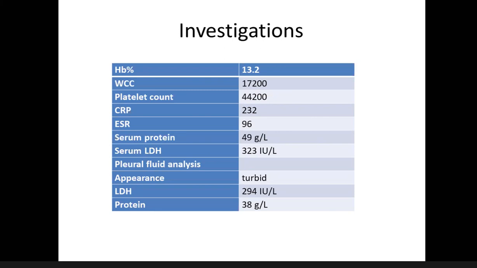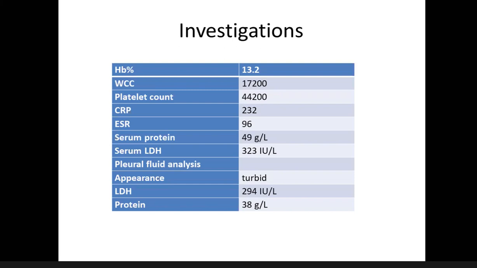Can someone interpret these results? His inflammatory markers are higher, including white blood cells, CRP, and ESR, indicating there's an acute bacterial infection going on. Right. Okay. So it looks like a bacterial kind of infection, isn't it?